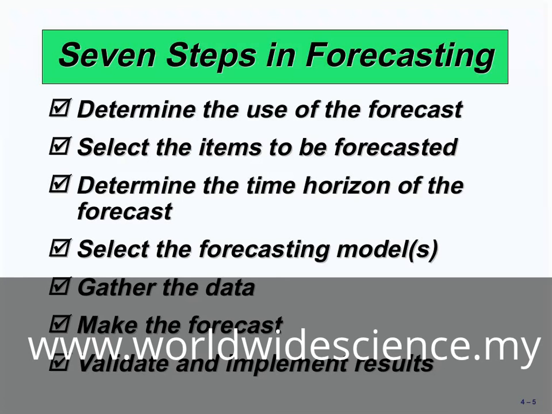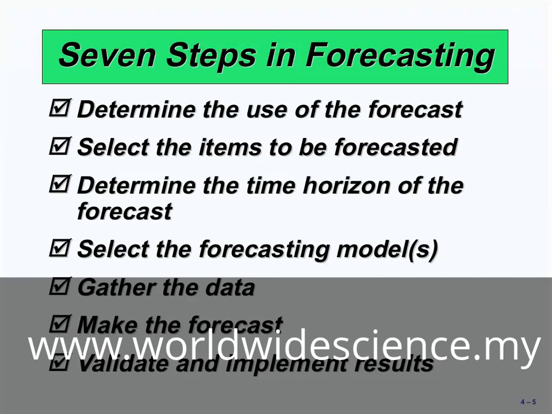Then gather the data. For example, you can gather the data through email, internet, newspaper, magazine, questionnaire, and then you can make the forecast. And the last step is to validate and implement the result. That means you can make the decision based on the data that you have gathered by forecasting.